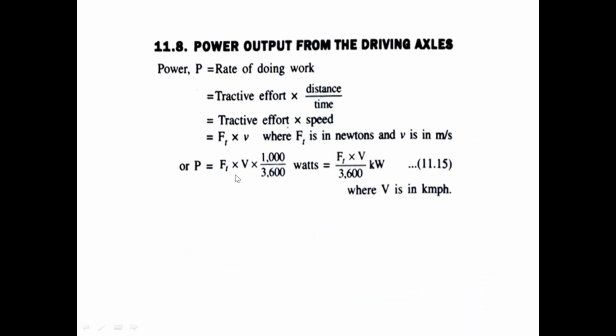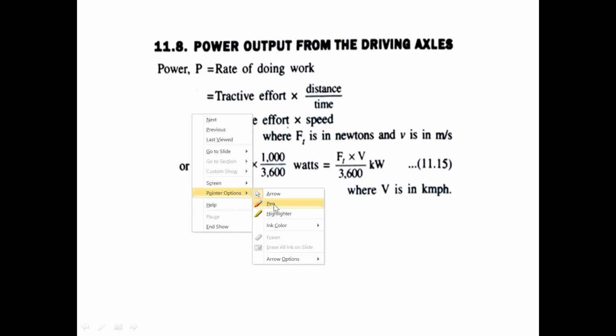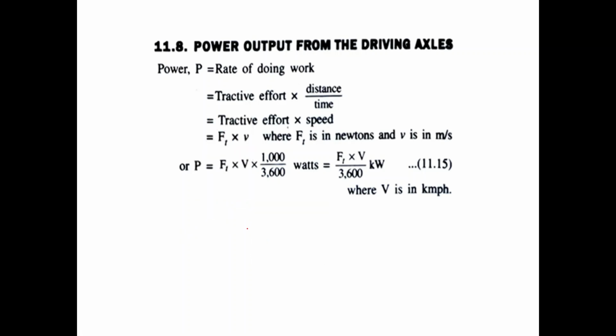Then the next point, how do we find the power? As I told, energy is given by work done. So E is equal to F into distance. But if you divide it by time, then we'll get power. Energy divided by time, but distance by time is velocity.